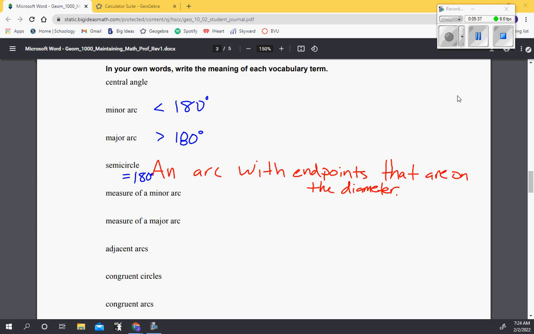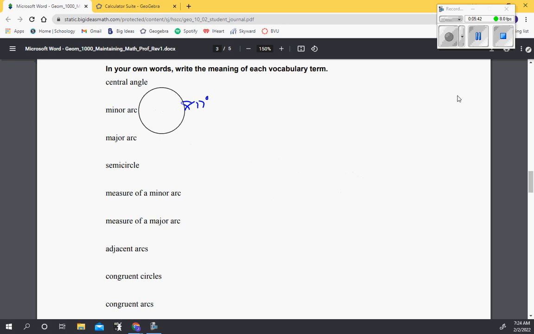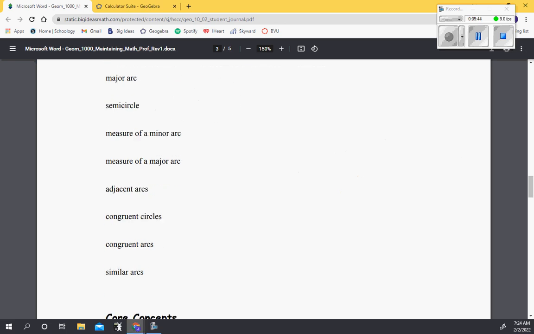We defined the measure of a minor arc. Remember, that's just the central angle. You just have to find the angle that's in the middle of the circle.